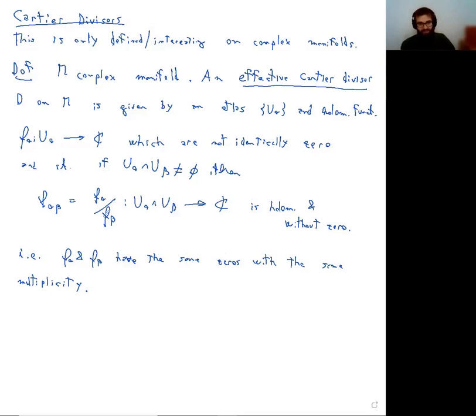Asking only holomorphicity is just asking that the multiplicity of f alpha is greater than the one of f beta, but we're also asking without 0, so we're actually asking the same. This is the same as asking that not only f alpha beta, but also f beta alpha is holomorphic. So this without 0 is perhaps a bit redundant, because we're asking it for every alpha beta such that the intersection is not empty.